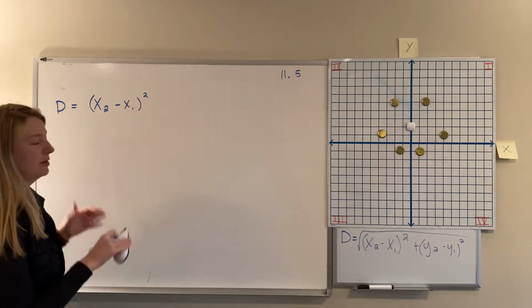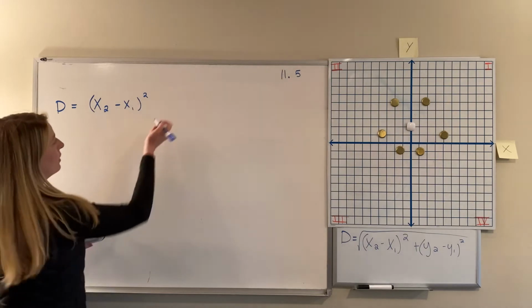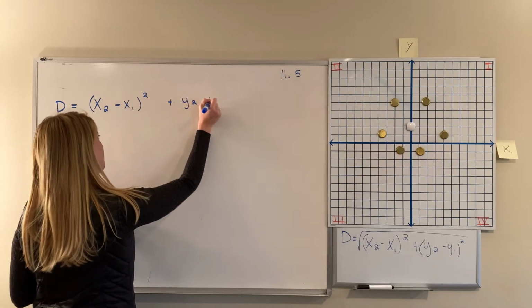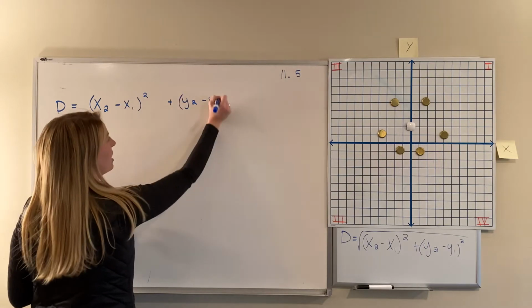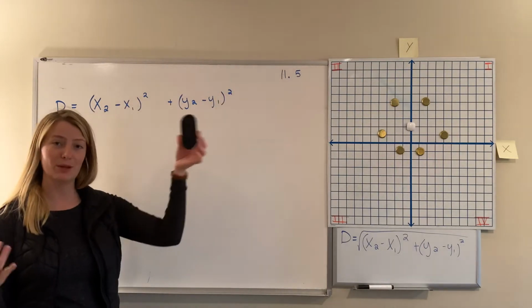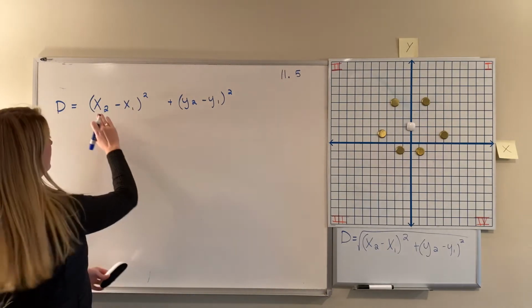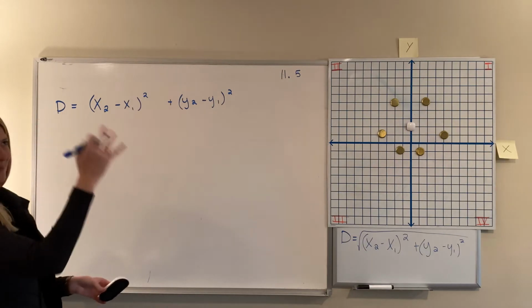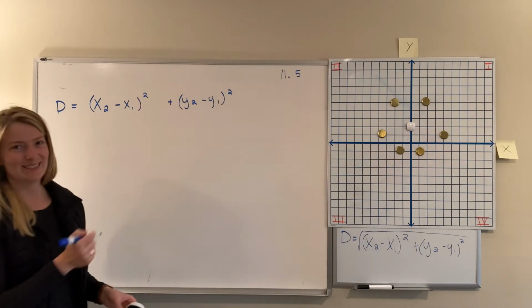So leg squared plus leg squared. Well, what are our other values? y2 minus y1, all squared, because we're talking about the distance between 2 points in a coordinate plane. 2 points mean we have two x and y values: x1, y1, x2, y2.